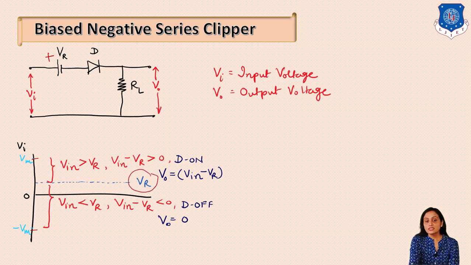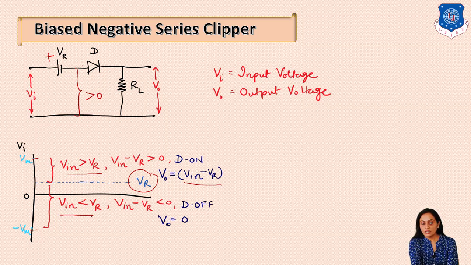So when Vin is greater than Vr, Vin minus Vr is greater than 0, as we can write from this equation, and that means the diode is on. When the diode is on, the output voltage is directly connected to this, and that is Vin minus Vr. When Vin is less than Vr, this is a lesser value than that, and the diode will remain in reverse bias, that is, off.